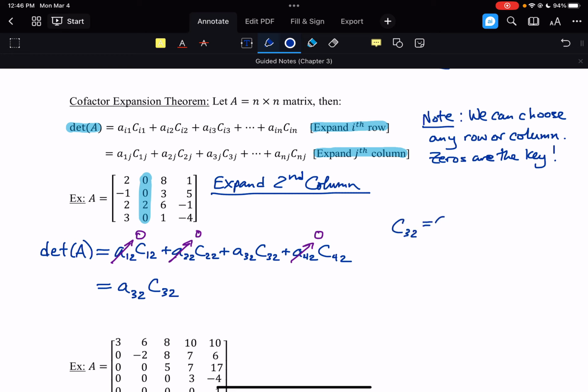So that's -1 to the 3 plus 2 times the determinant of that submatrix. So block off the row and column and put the remaining 3 by 3 in this matrix. So that's going to be 2, 8, 1, -1, 3, 5, 3, 1, -4.